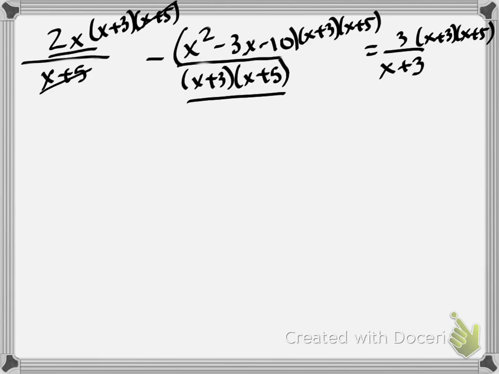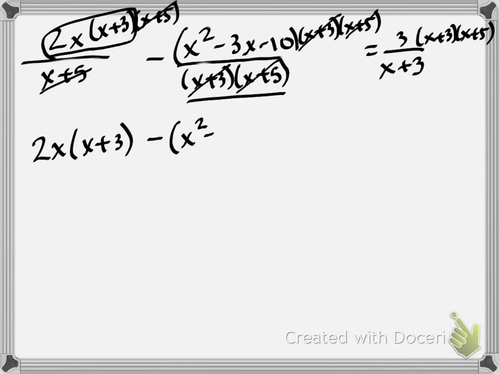That leaves me with 2x and x plus 3, minus, and then the x plus 3 and that x plus 3 cancel out, that x plus 5 and that x plus 5, and so I just have minus x squared minus 3x minus 10 equals, and again, we're going to cancel stuff out. The x plus 3's do that, and then I have 3 and x plus 5.